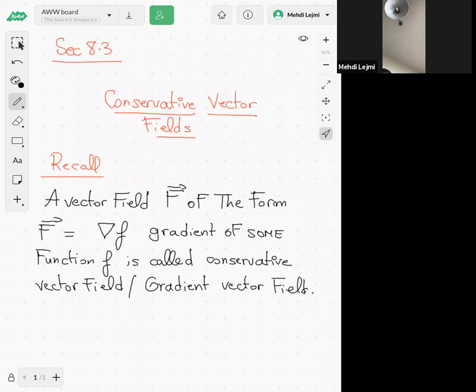So conservative vector fields are special because they have path independent line integrals, right? That's what we said last week.